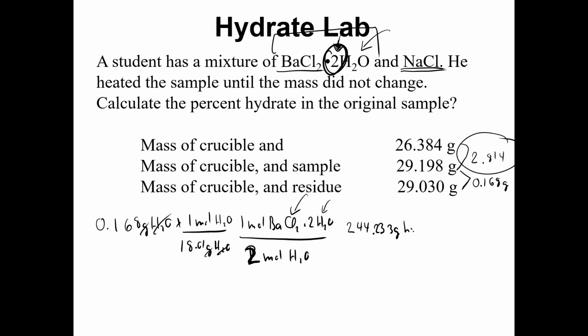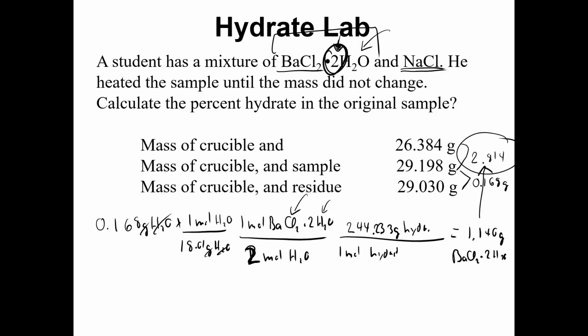I'm going to call it hydr, because I'm running out of space, divided by 1 mole of hydrate. I get a mass, and that's 1.140 grams of barium chloride times 2H2O. So roughly half of that original sample was hydrate.